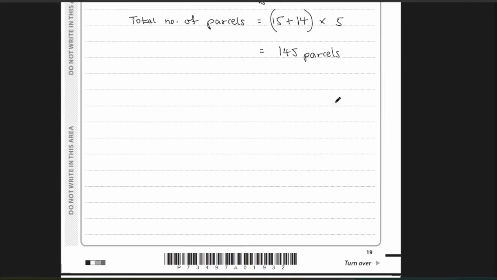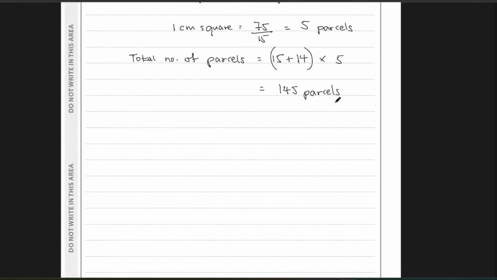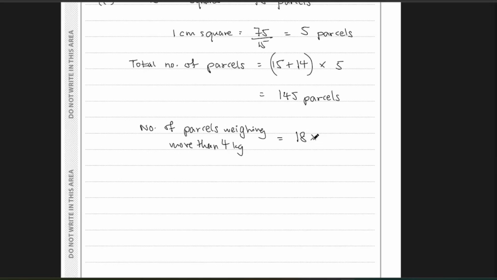We have 18 squares representing parcels weighing more than 4 kilograms. Number of parcels weighing more than 4 kg is equal to 18 times 5. 18 times 5 gives us 90. 90 parcels weigh more than 4 kilograms.